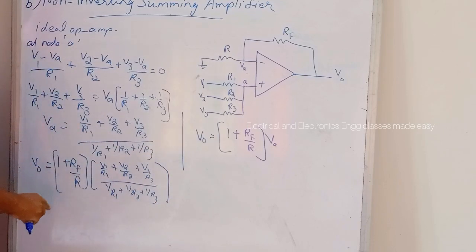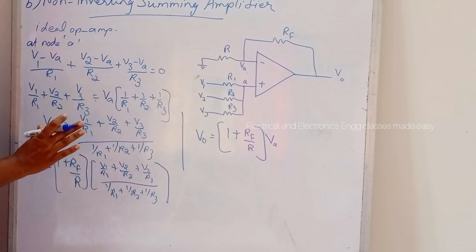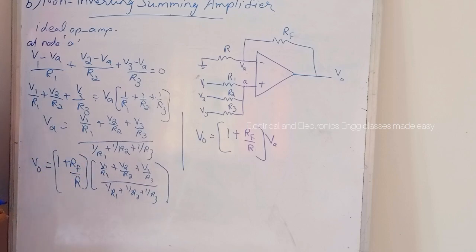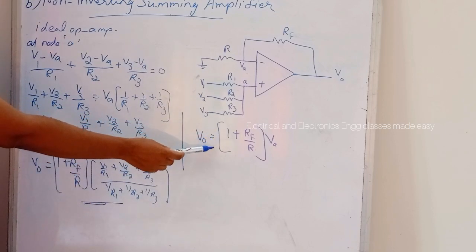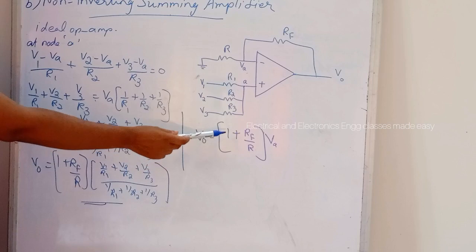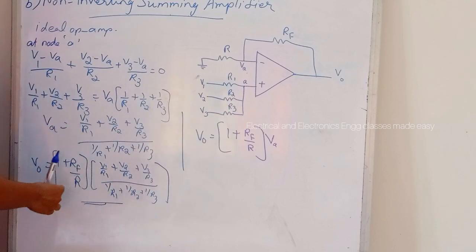So this is the output voltage of the non-inverting summing amplifier. This is also a non-inverted weighted sum of inputs. In the case of the non-inverting amplifier, output is 1 plus RF divided by R into input voltage, and in the case of the summing amplifier we get V0 equal to the non-inverted weighted sum of the inputs.